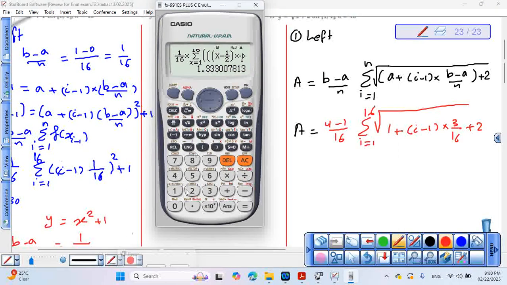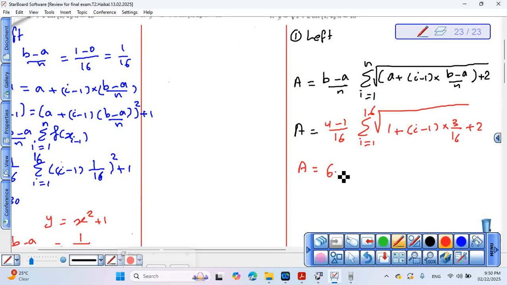This is equals 3 over 16 times summation, radical, from 1 plus (x minus 1) times 3 over 16, don't forget it, plus 2, from 1 to 16. The answer is 6.26. So A equals 6.26.